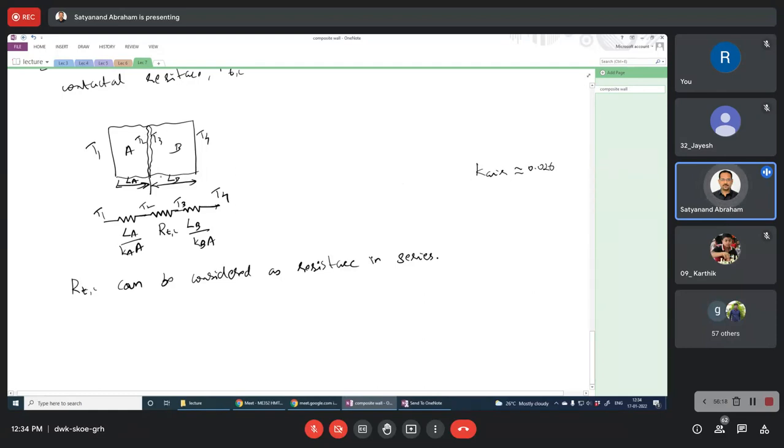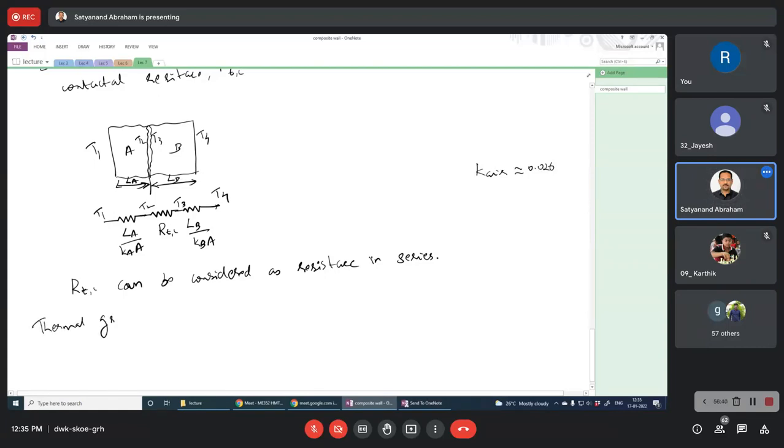So in those ways, we can reduce the thermal contact resistance, but we cannot fully eliminate it. Okay. So these are some methods we can use to reduce this thermal resistance.